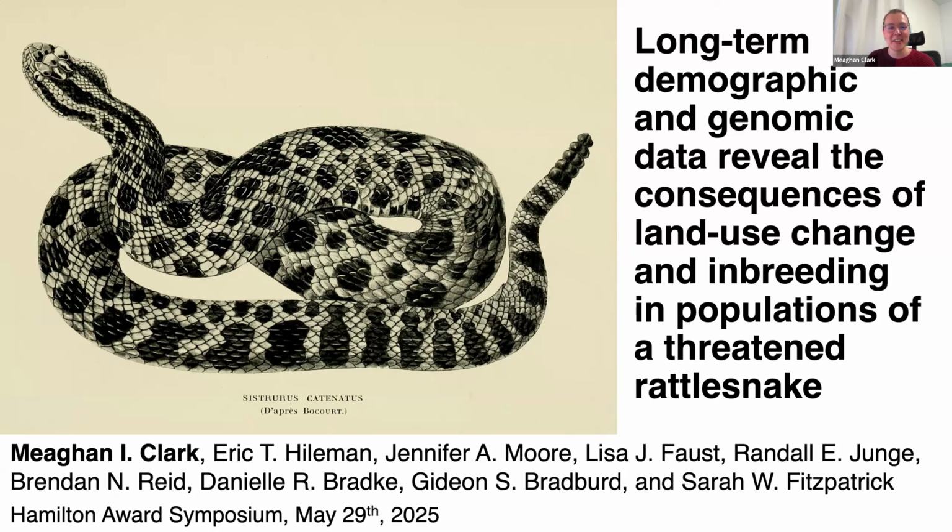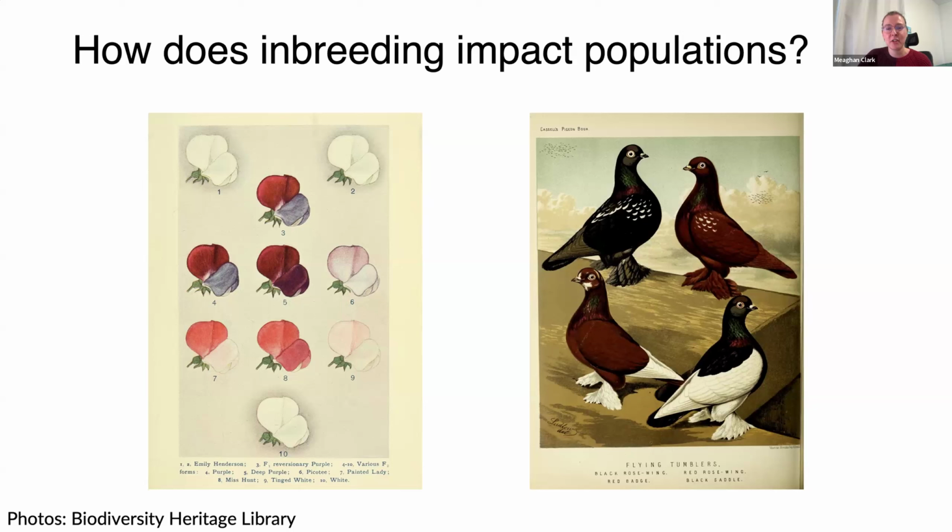And today I'll be sharing a story from my dissertation about inbreeding and land use change in populations of a threatened rattlesnake. So from Gregor Mendel's experiments with pea plants to Darwin's fascination with plant and animal breeding, evolutionary biologists have long been interested in both how inbreeding occurs and its impacts on phenotypes, individuals, and populations.